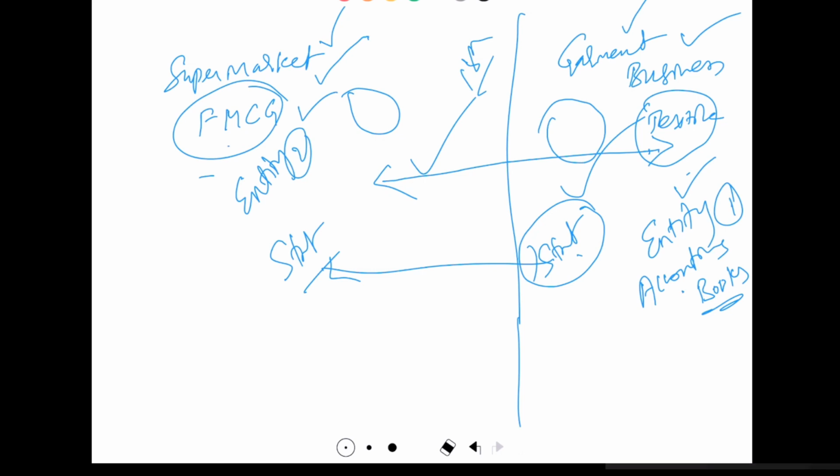So the concept is here. The companies are different. The company codes are different. Between these two company codes, when you are transferring the goods, how will SAP calculate all these values?